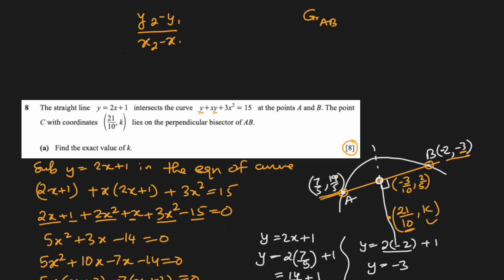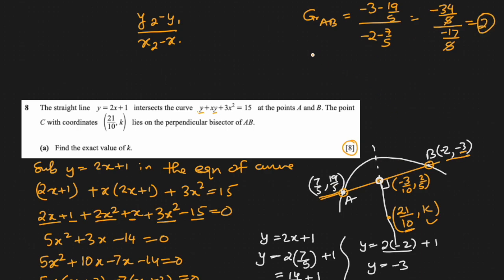Minus 3 minus 19 over 5 divided by minus 2 minus 7 over 5, which is minus 15 minus 34 over 5 over minus 10 minus 7 minus 17 over 5. So 5 and 5 can cancel out. Minus 34 divided by minus 17 is 2.